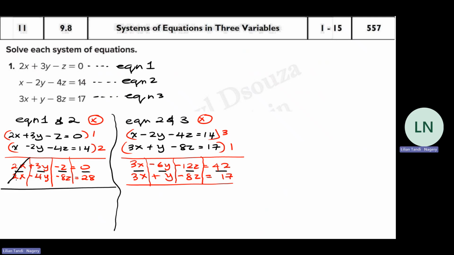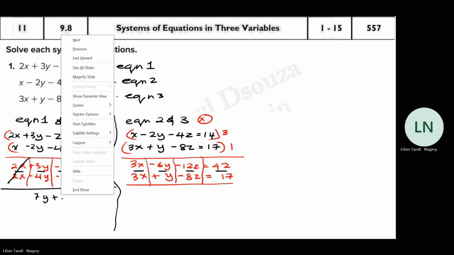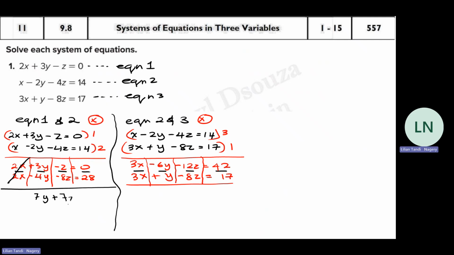So x is 0. This becomes 7y plus 7z equals negative 28. Here, this becomes 0.